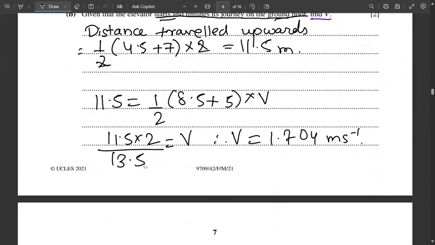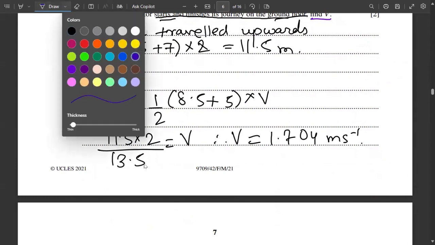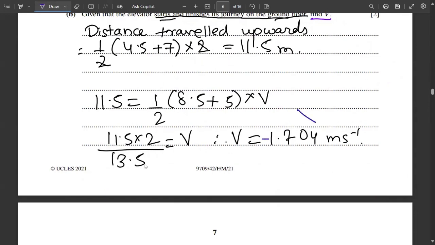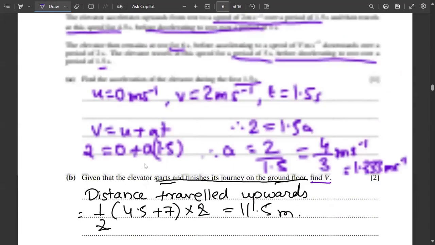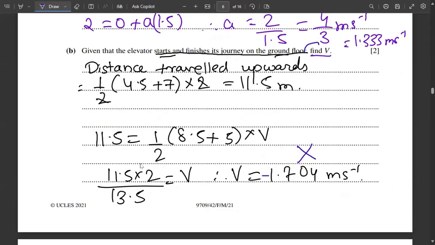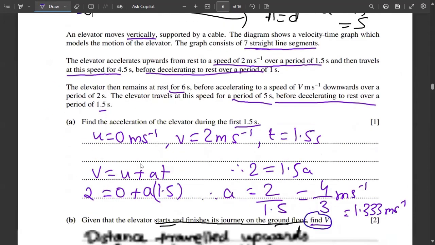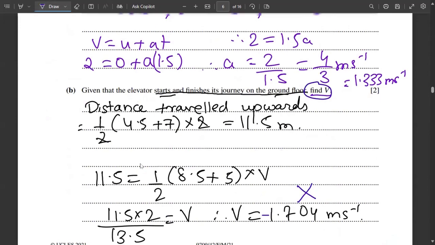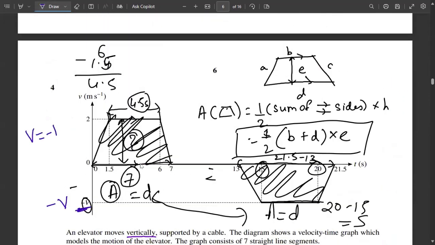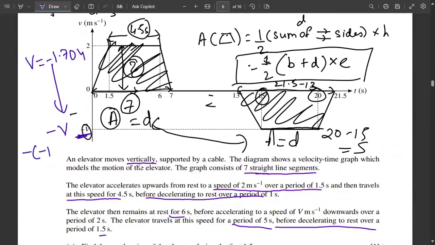So the velocity V is 1.704 meter per second. Now, many of you might have got minus 1.704, but that is not the correct answer, because here what we have to find is the value for V, and they have already given minus V here. In case you got V as minus 1.704 and you input it in here, minus of minus 1.704 is plus 1.704, and below 0, can this entire value be a plus 1.704?